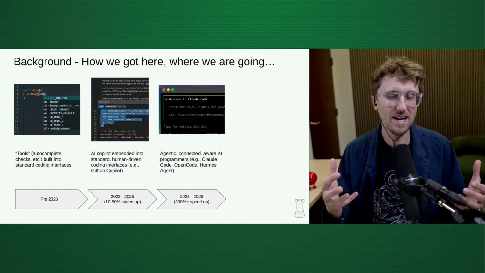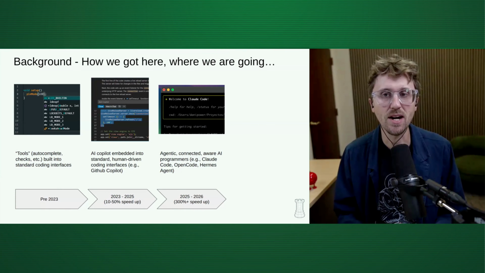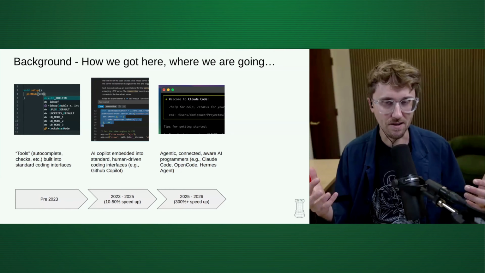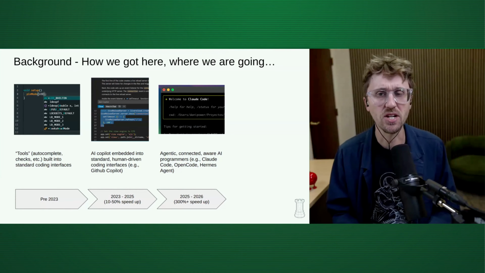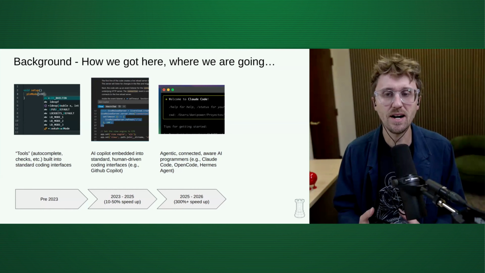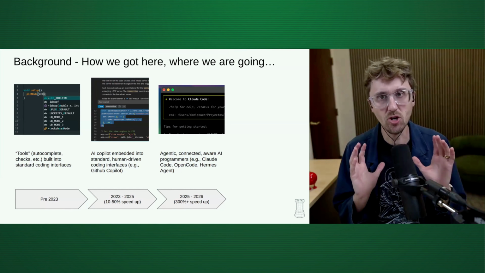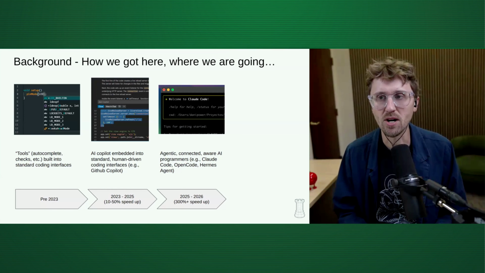These mostly had to do with plugins you'd have in your IDE that would help you with autocomplete or cross-referencing functions or looking up function definitions, these sorts of things. And these were really built directly into the coding interface. The human was driving everything. These would just increase the speed of their work.